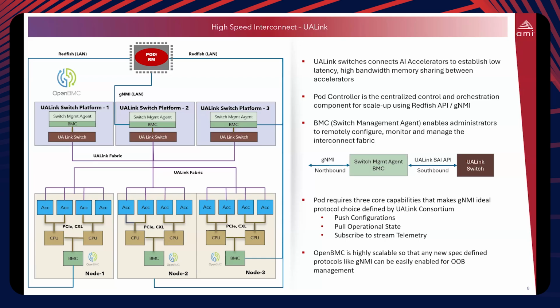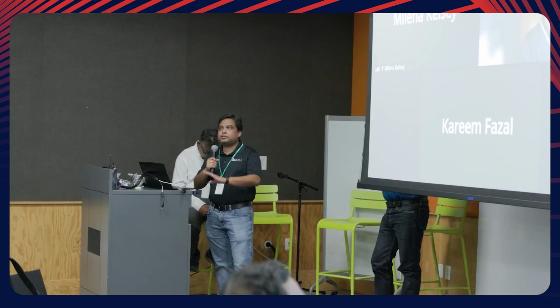It receives that, and passes this information to the UALink switch using the UALink switch API. It's called the Switch Abstraction Interface API. That's again defined by the UALink consortium, and UALink pulls the 10 accelerators together so that the user can run the AI workload, any job that the user wants to run, right? So this is the typical use case of the UALink switch.